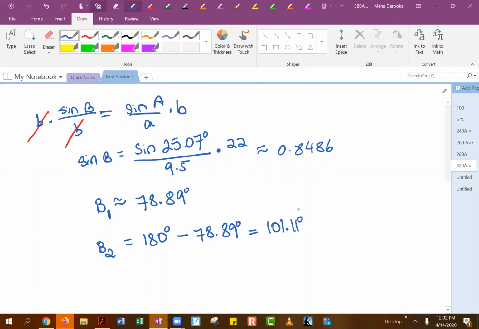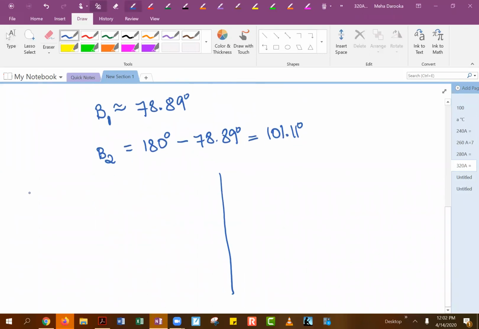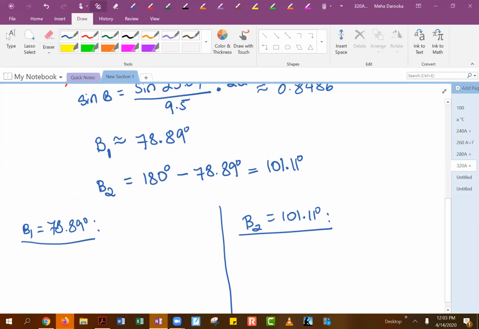Very good. So this creates two different situations. Here we use the acute angle, and using this we can find side C and angle C. For the second triangle, we use the obtuse angle, and using that we again calculate side C and angle C. That's how you end up with two different cases.